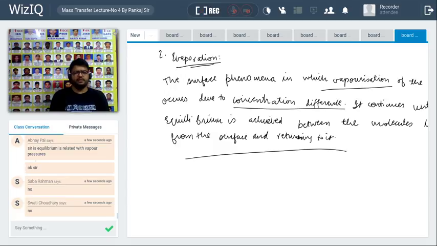So evaporation is affected by the temperature and pressure conditions and the humidity of the atmosphere. You should check what conditions are responsible for the change in evaporation rate. Think about how it will change in different conditions.